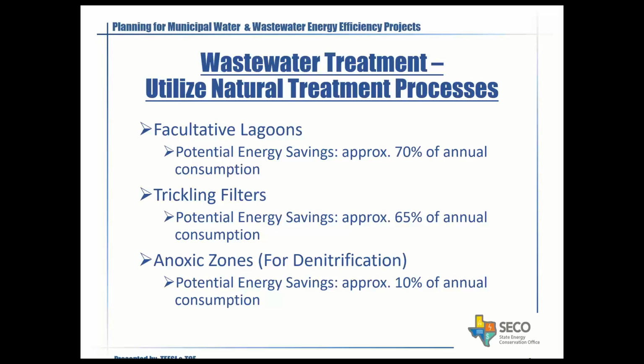So one of the most efficient plants that I have run across was a trickling filter plant. And that plant caught my attention because it was meeting a BOD of less than 5 and treating for ammonia nitrogen. And I really quizzed the operator how he can operate it with such efficiency.